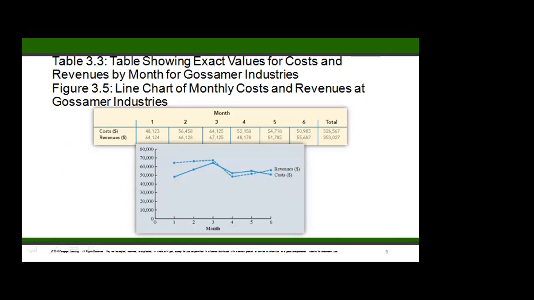Therefore, this data should be presented in a table similar to Table 3.3. Similarly, if it is important to know exactly by how much revenues exceed expenses each month, then this would also be better presented as a table rather than as a line chart, as seen in Figure 3.5.